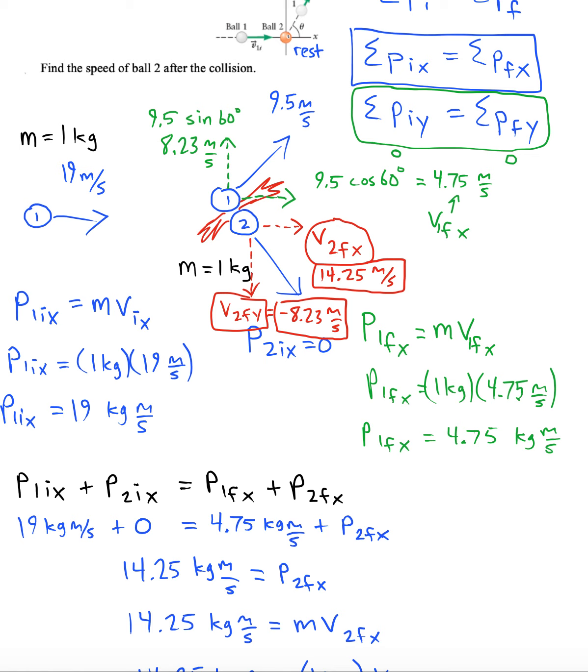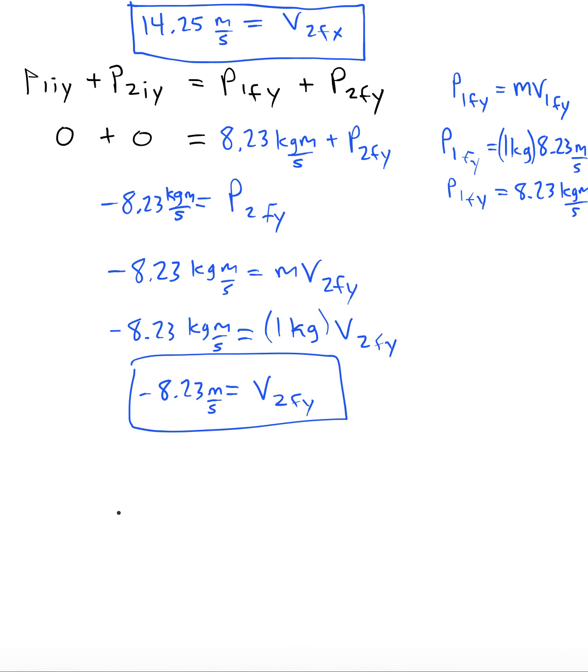To get our final answer, we'll do the square root of v2fx squared plus v2fy squared.